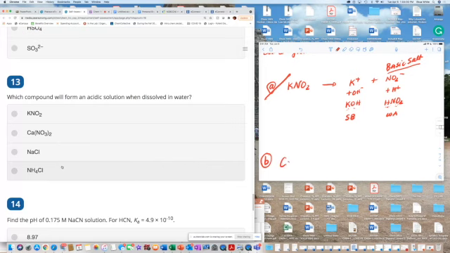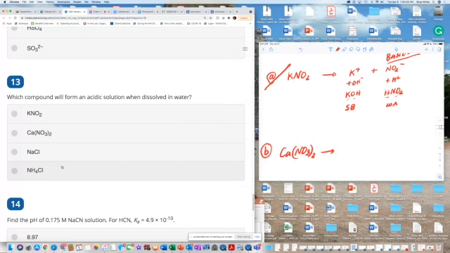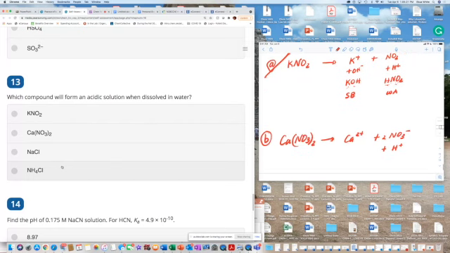Okay, second one, calcium nitrate. Okay, break it apart into ions. Ionize this. Calcium 2 plus. Nitrate. We make 2, right? But each nitrate, I'm going to be adding hydrogen to it. So since there's 2 nitrates, I do this twice.